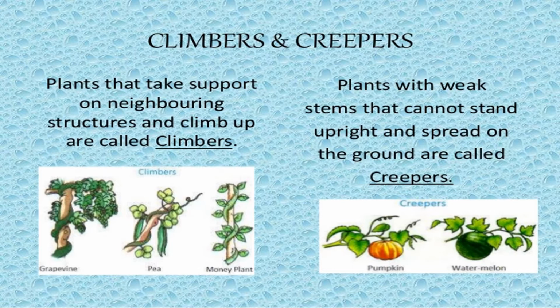Other examples are grapevine, pea, etc. And the plants which have very weak stems that cannot stand upright, instead, they creep on the ground, are called creepers. Examples of creepers are pumpkin, watermelon, etc.